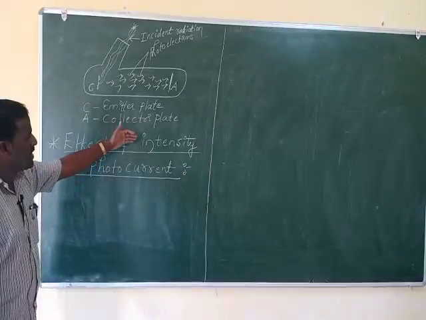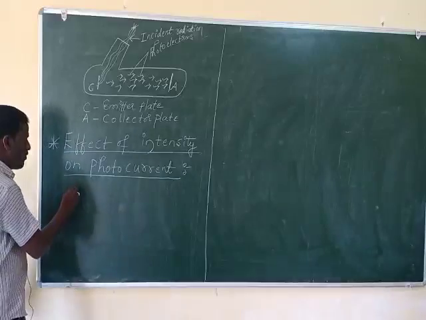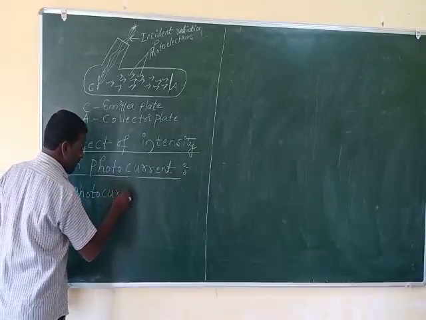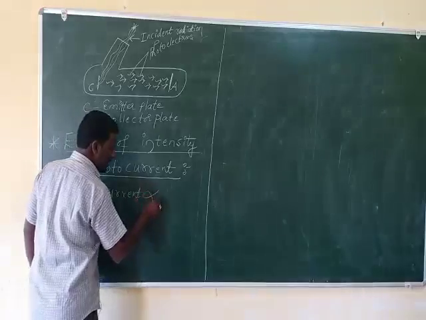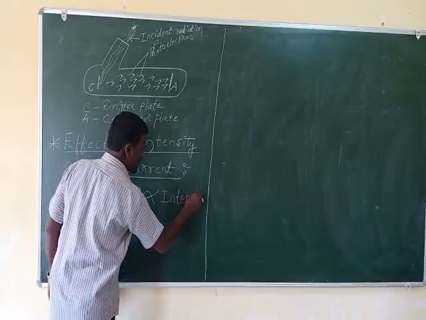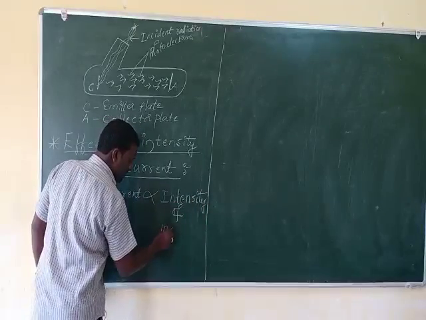As you increase the intensity, the photocurrent increases. So what does it mean? Photocurrent is directly proportional to the intensity of incident radiation.